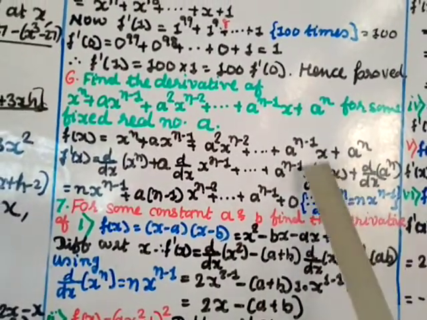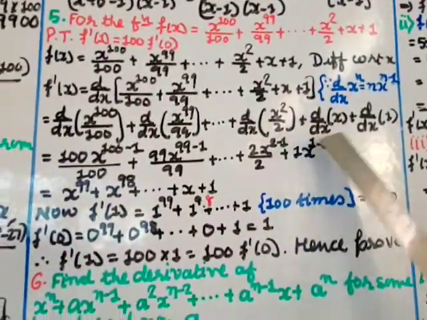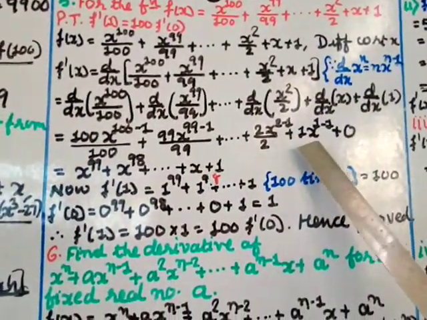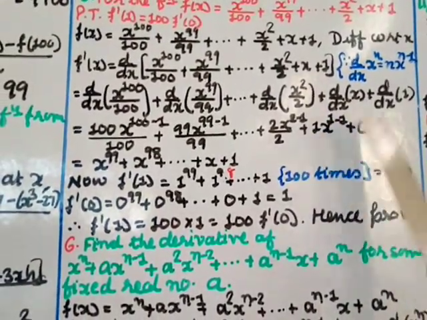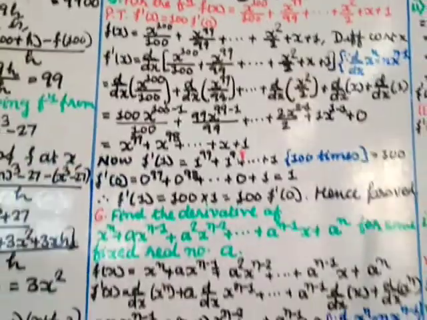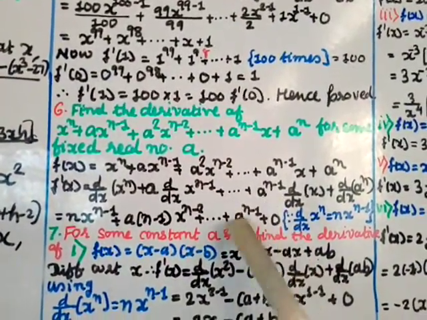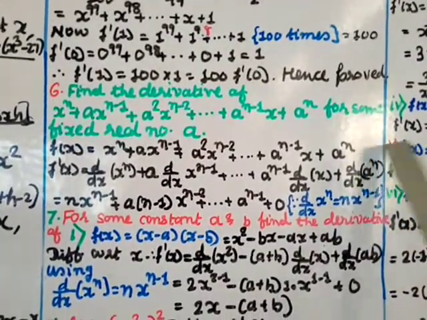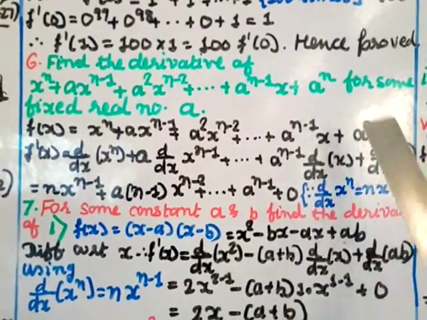As we did previously, d by dx of x is 1 into x power 1 minus 1, x power 0, and x power 0 is 1, so this derivative is 1. And the last one, a power n, is a constant, so its derivative will be 0.